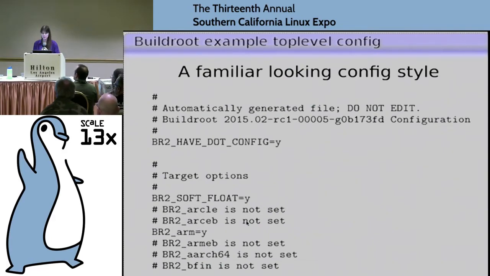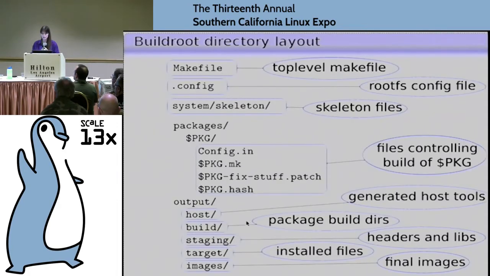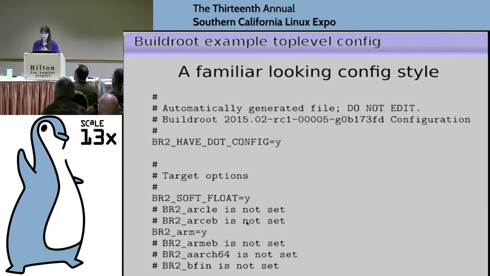So let's take a look first at an example top-level config. That was the .config over here. This is highly truncated, just the top of the file, but you get the general idea. This should be a familiar looking config style if you are used to compiling your own kernels, because they did steal the config format.